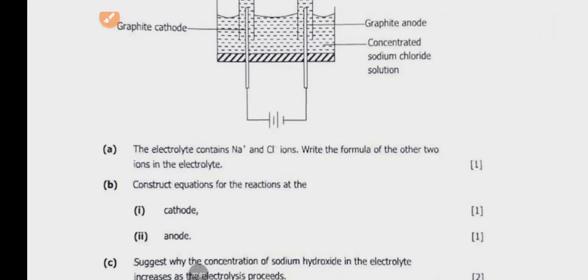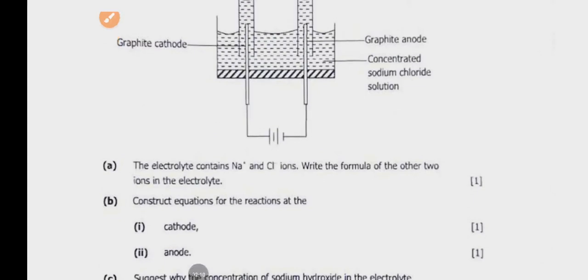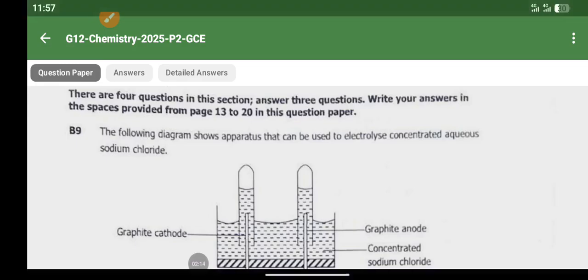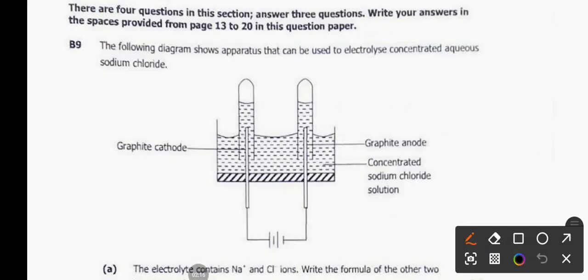Question B. Construct equations for the reactions at number 1, the cathode, and number 2, the anode. So we have the cathode here and the anode here. We have already established that the electrolyte contains a total of 4 ions.